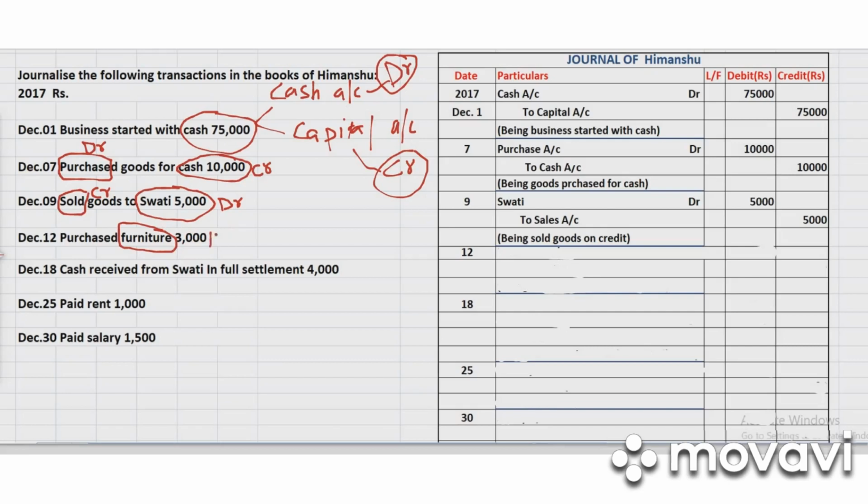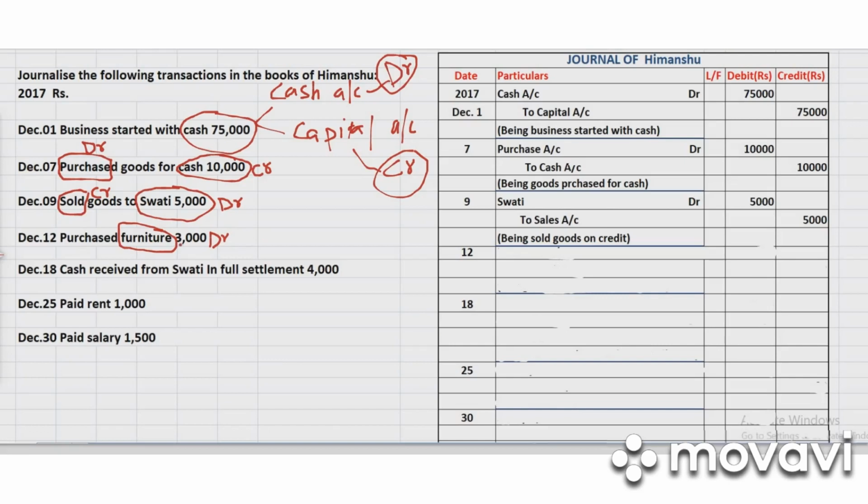So debit what is coming in. You debit furniture. So what is to be credited? It will be cash. Again, you can see the other way around. When we purchase furniture, cash is going out. So when cash is going out, cash will be credited. You credit what is going out.